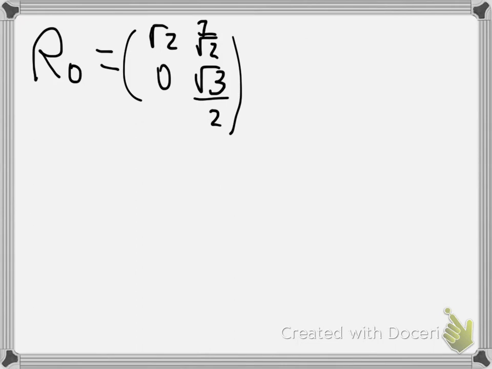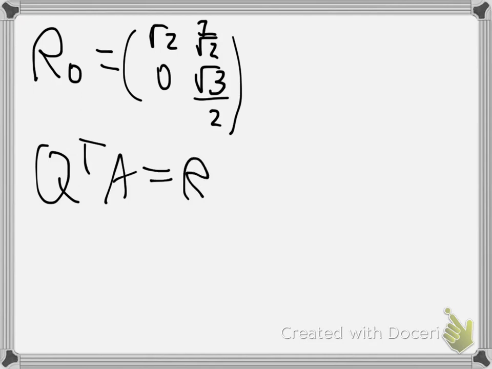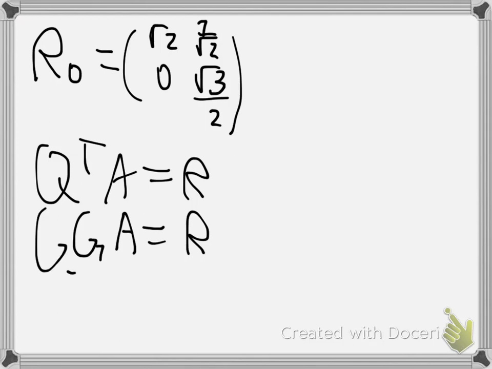Now let's find our vector D, which will be, first we will find our matrix Q. So remember that Q transpose A equals R, but we found R using J1 and J2.